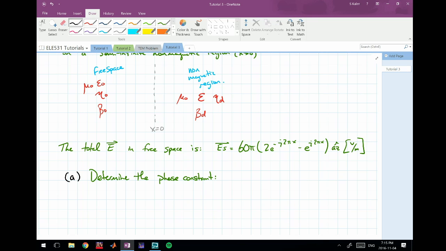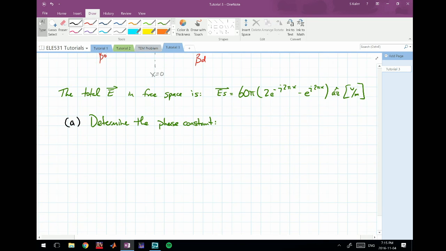So it says determine the phase constant. What is the phase constant? 2 pi? I heard 2 pi. Okay, there we go. Radians per meter, don't forget your units.